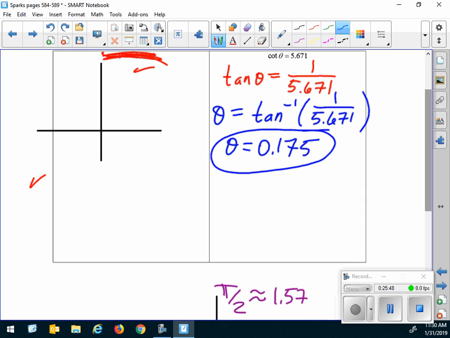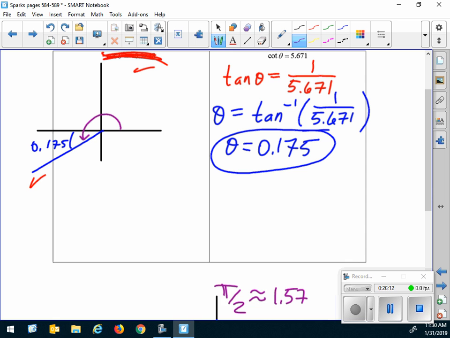Now I need an angle in quadrant 3. How am I going to find an angle in quadrant 3? Good. You're going to use that reference angle. You're going to put that reference angle in quadrant 3, 0.175. And we want that angle right there. What do I do? No, we don't add 180 because we're in radians.